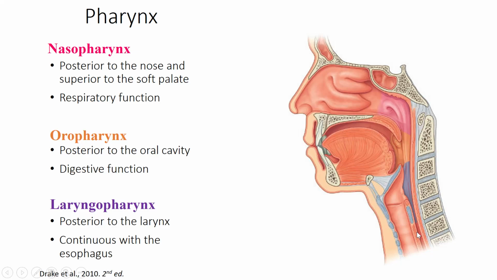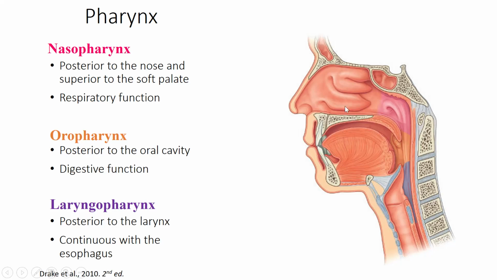So the laryngopharynx will communicate inferiorly with the esophagus, but also with the larynx through this laryngeal inlet in the anterior wall.